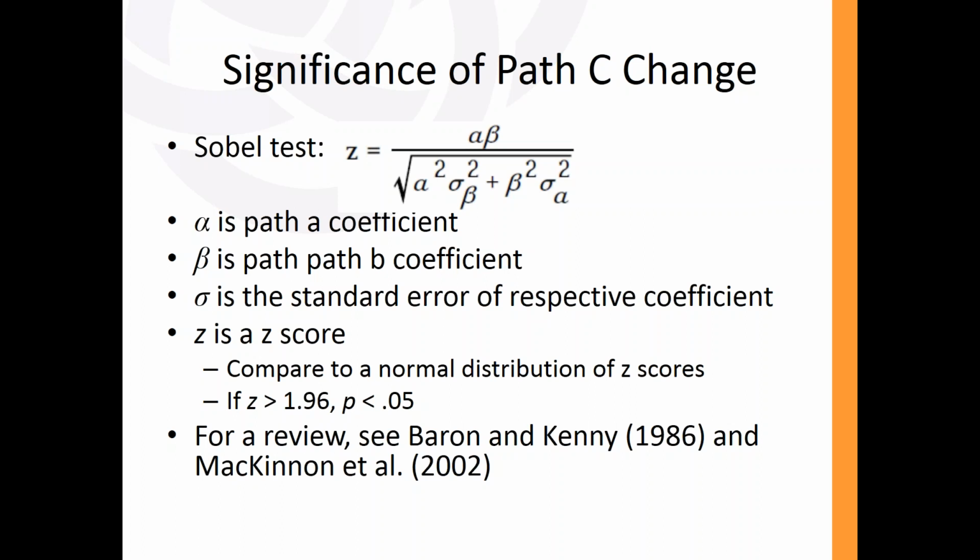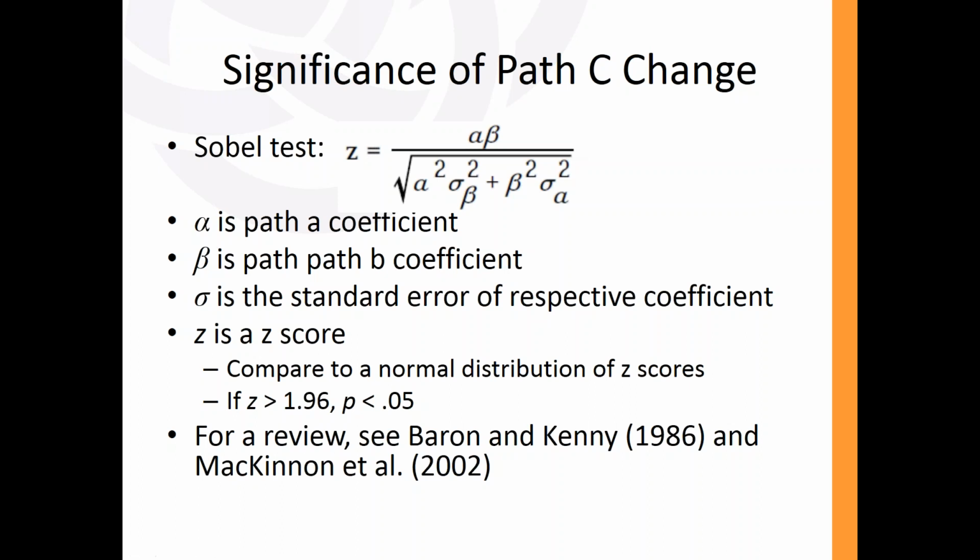And I should note that there are many different versions of testing the significance of the change in path C, and MacKinnon et al. go into a lot of detail on this. The reference is the last slide, so we'll see that at the end. But the idea is that if you have a highly significant effect, it almost doesn't matter which version of the significance test you use, because that effect will make itself very clear.